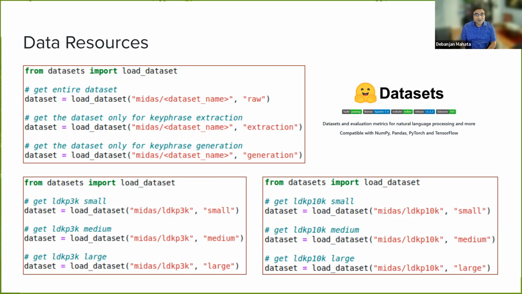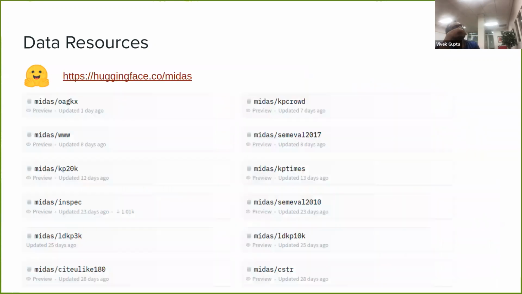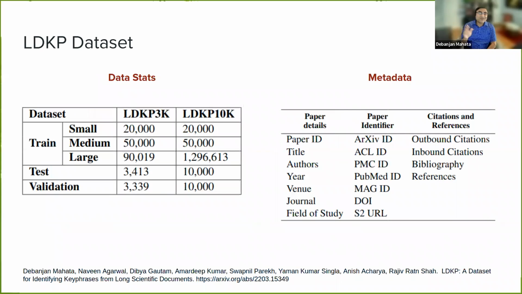I have a question. What is 3K and 10K LDKP? Okay, so we still go with the KP20K type of naming convention. LDKP3K is the dataset that was mapped to KP20K, and LDKP10K is the dataset that was mapped to OAGKX.